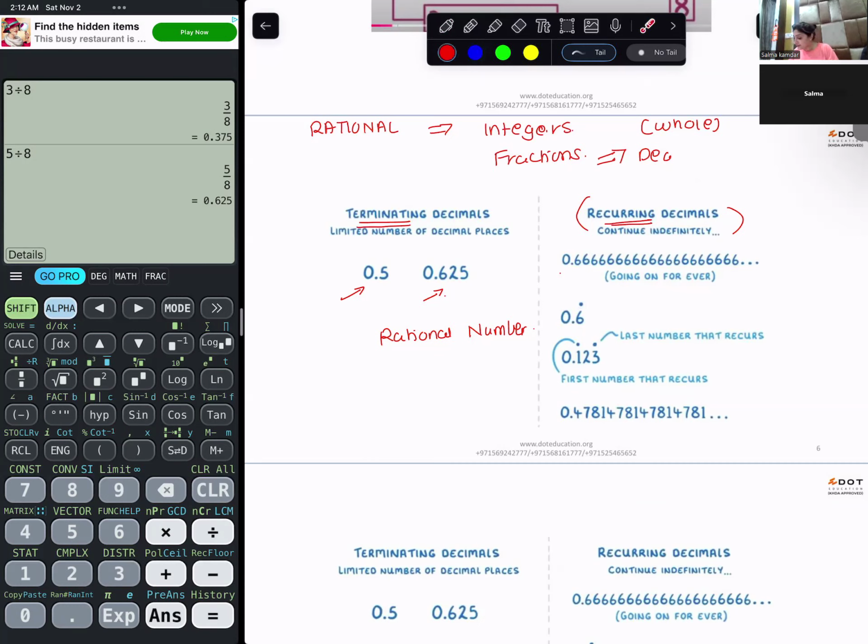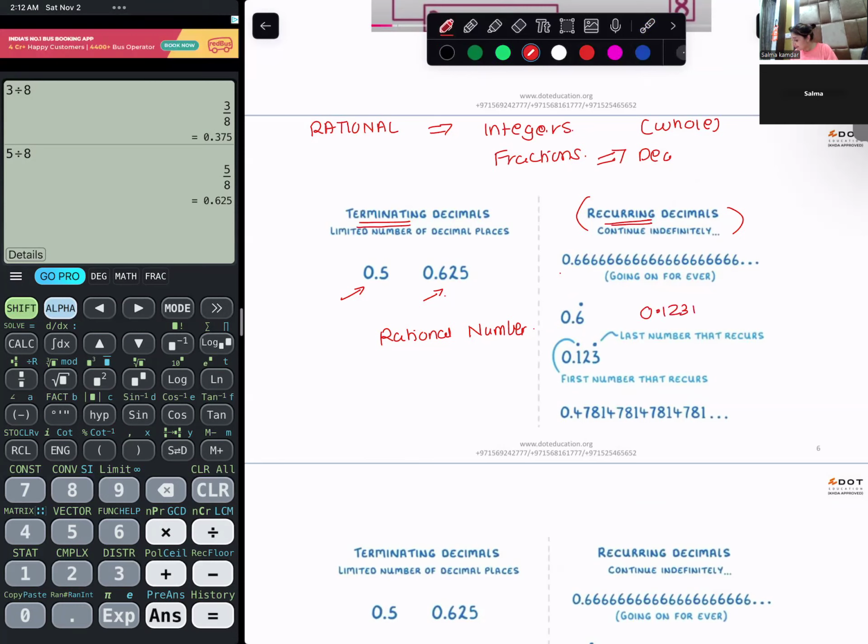If I have a decimal that is 0.123123, that means this 123 is recurring. Another way to write it is 0.123 with a dot above 1 and above 3, denoting that this is recurring.